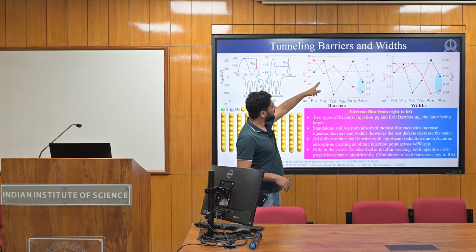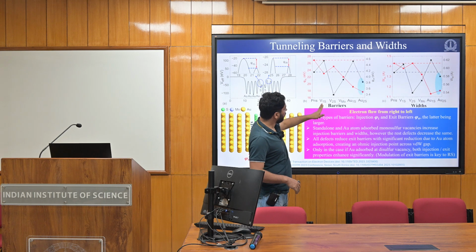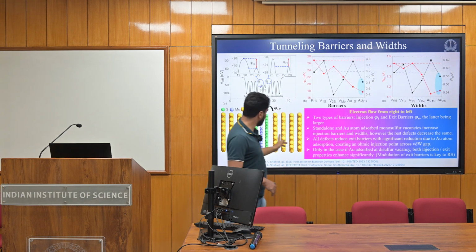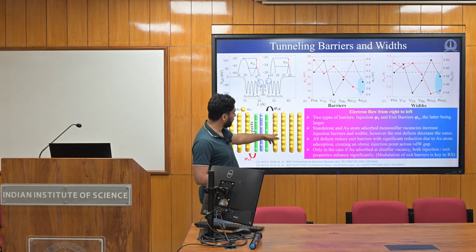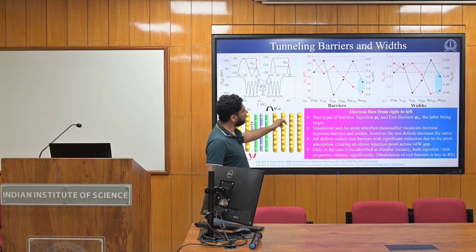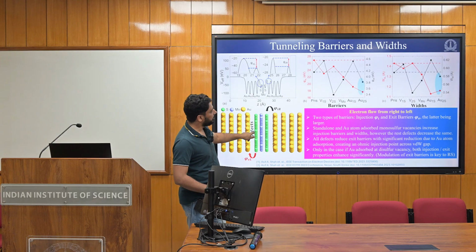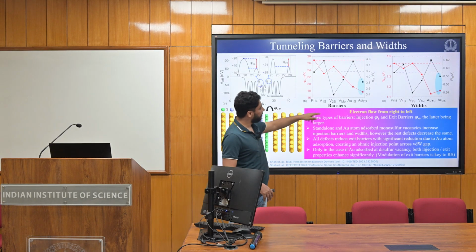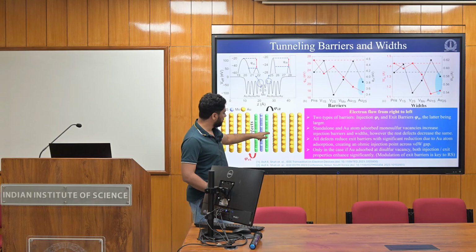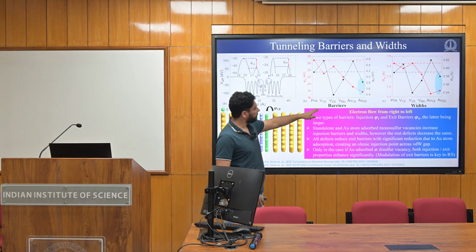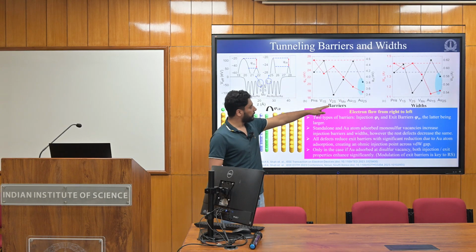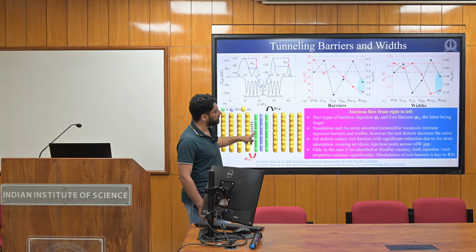With reference to this case, with a monosulfur vacancy the injection barrier degrades, so the electron has to cross a higher barrier. Same thing happens when you have a gold atom adsorbed here. But for other cases, like a disulfur vacancy, where you have a vacancy both here and here, the electron injection improves, and also if you have a gold atom at a disulfur vacancy.